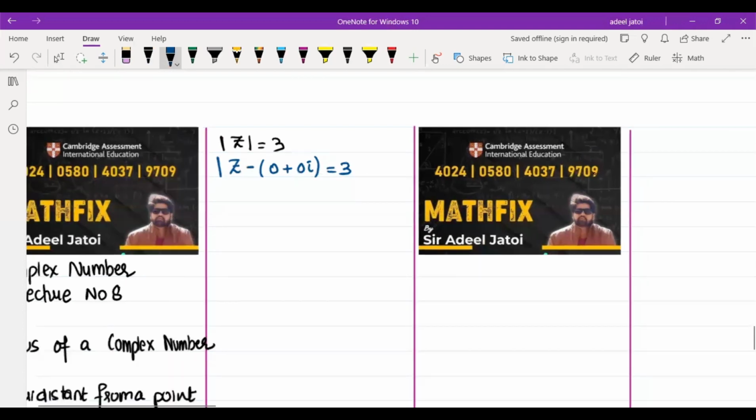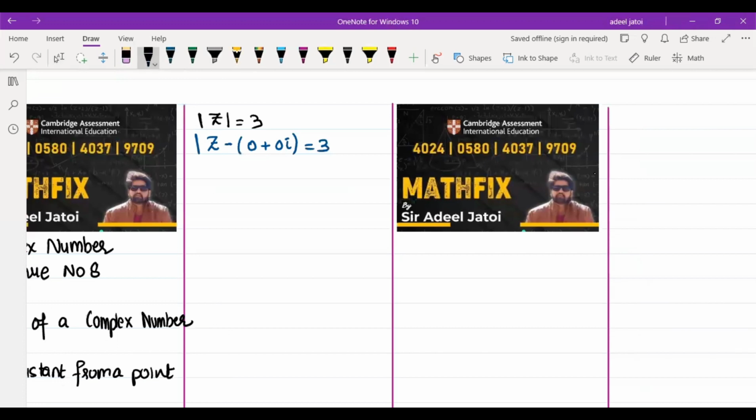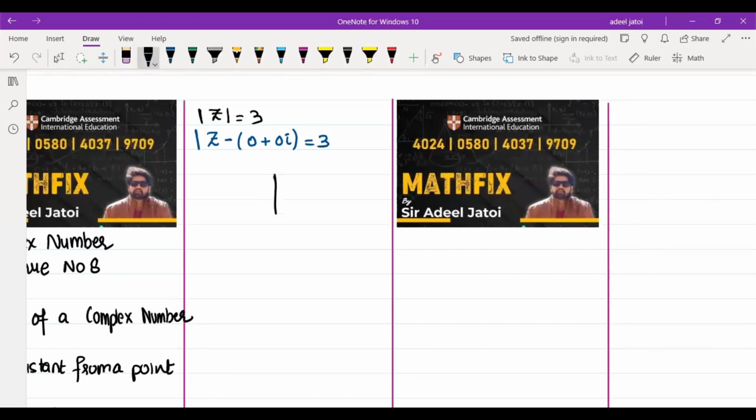Now if we work upon the axis, let's say this is your x and y axis, we can have 3, minus 3, let's say 3 iota and minus 3 iota.